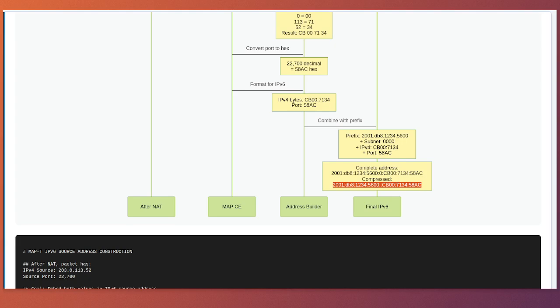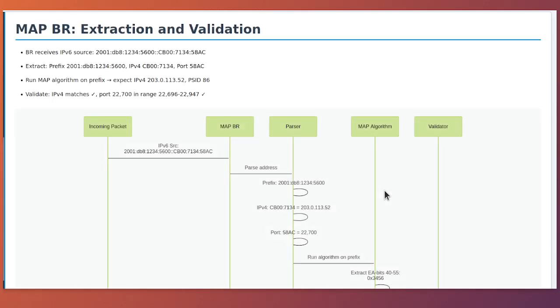This single IPv6 address now encodes the customer's identity through their prefix, their IPv4 source address, and their source port number. MAP border relay extraction and validation.